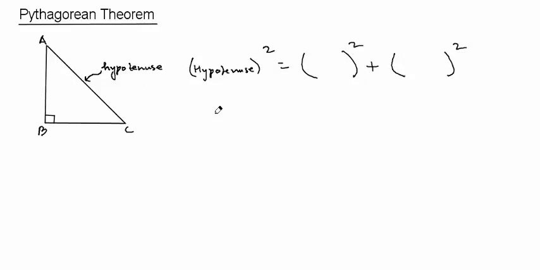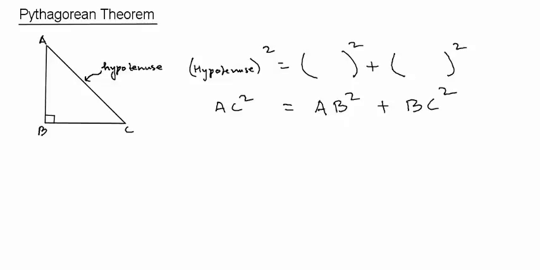Which means in this case, you have AC as the hypotenuse, so AC square is equal to the squares of the other two sides, AB and BC. So this is what you have. If you know the lengths of any two of these sides, you can easily find the other one by applying the Pythagorean theorem.